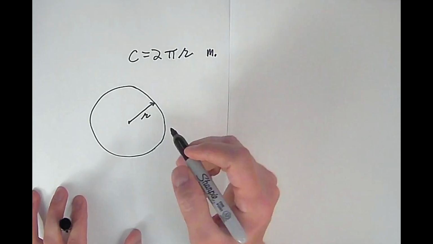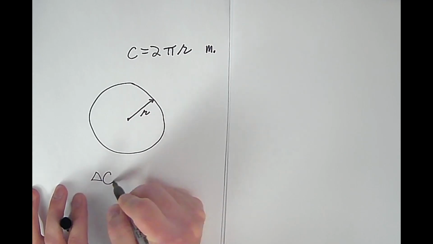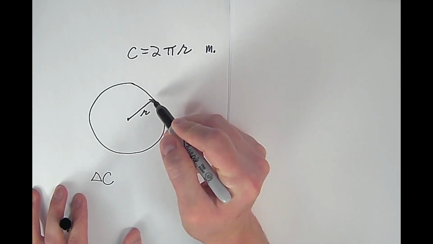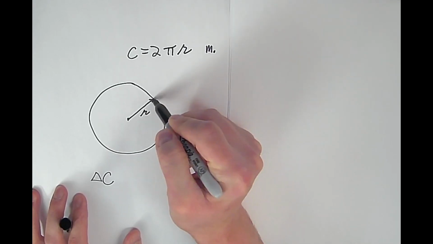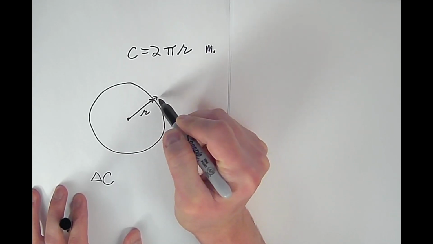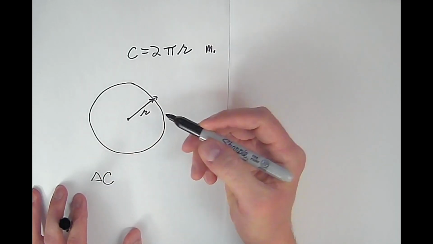Well, then we're going to get a delta C that we have to add in somehow. The question is how much more rope would you need if you wanted it to be 1 meter off of the ground, around the earth?